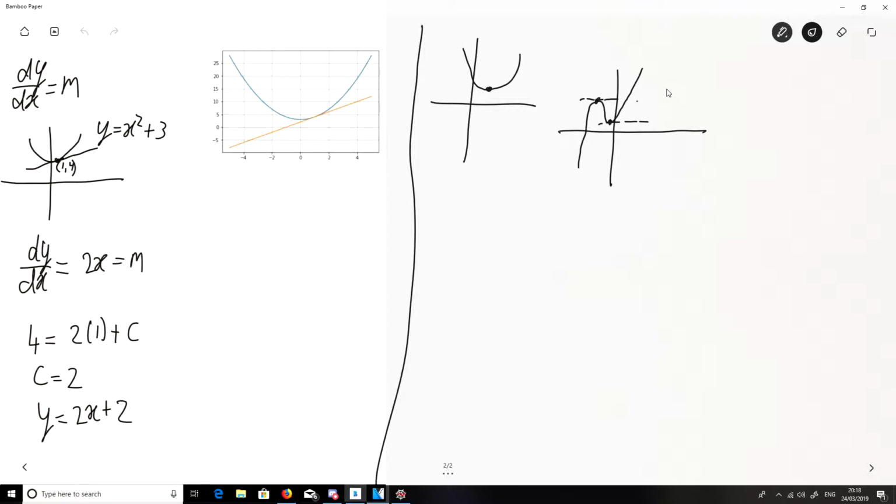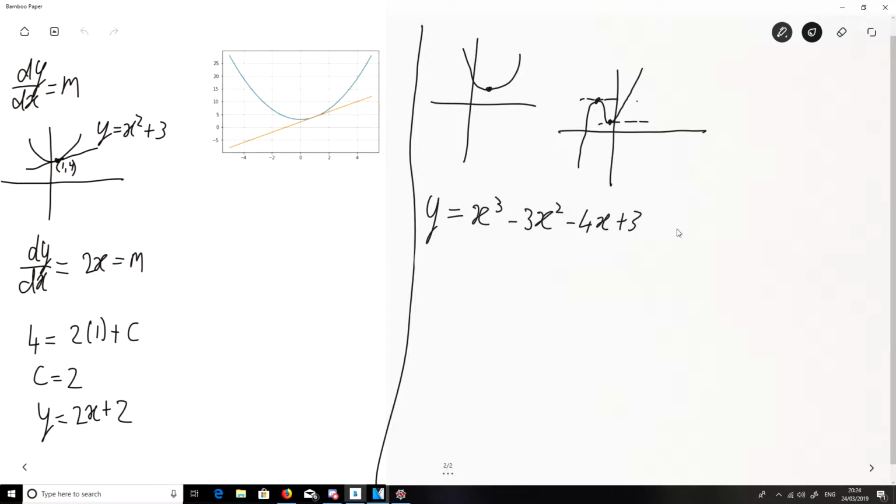So you may be asked at GCSE level to find the stationary point of a graph. So the equation that we're going to try and solve, I'm going to make one up. I'm going to say y equals x cubed minus 3x squared minus 4x plus 3.